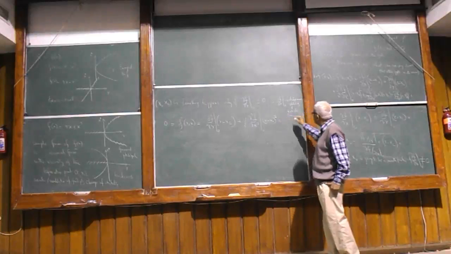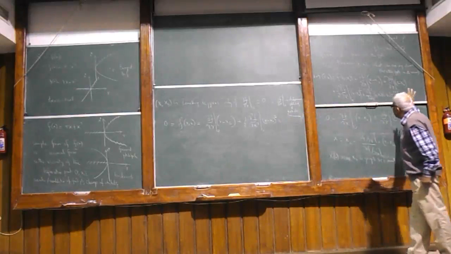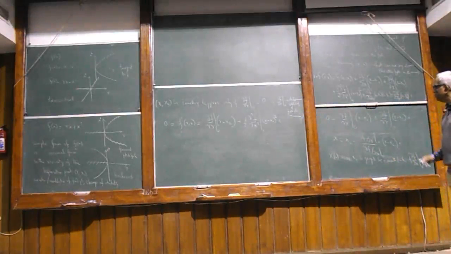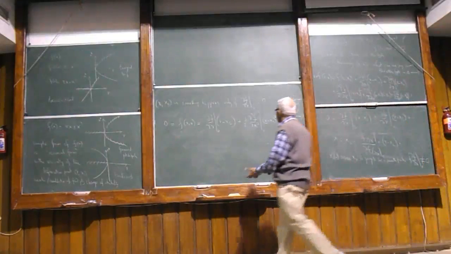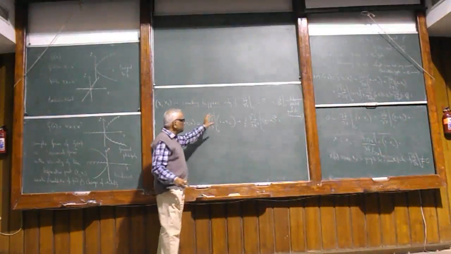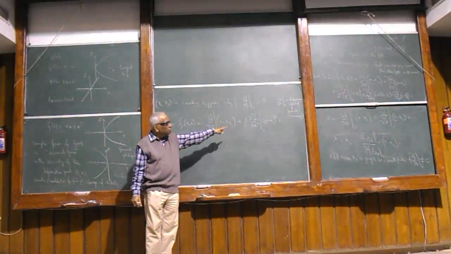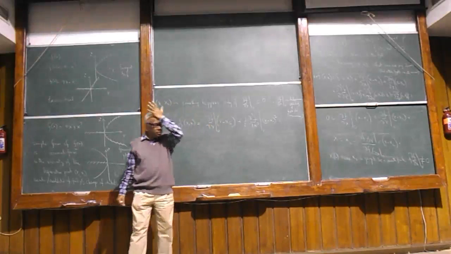There would be other terms which would have important roles to play as we go ahead. But first let's think of the simplest case, that ∂f/∂x vanishes, so I keep the next term, ∂²f/∂x², which is (x minus x_0) squared.